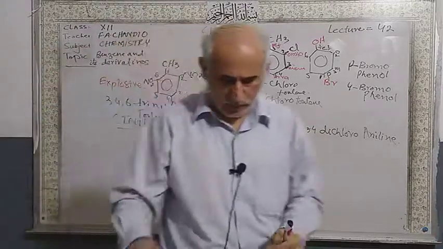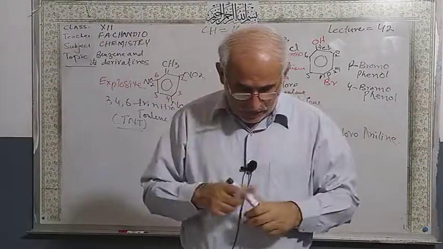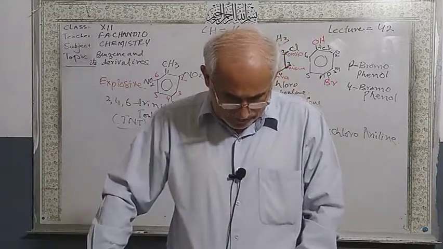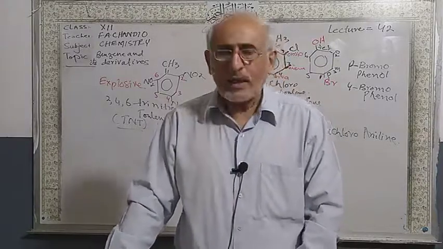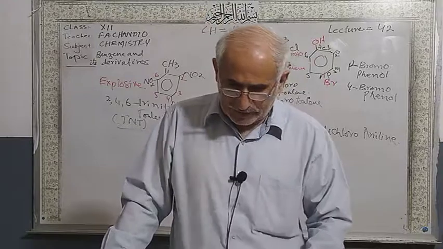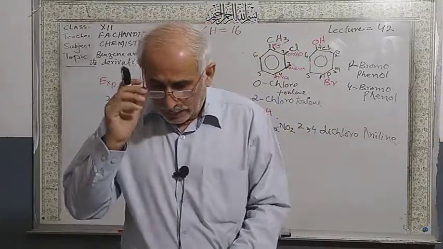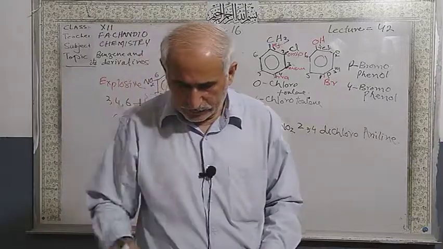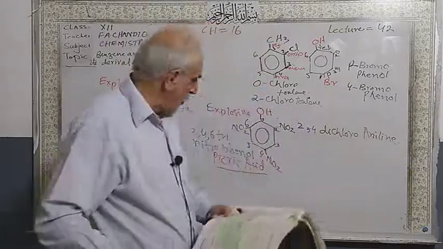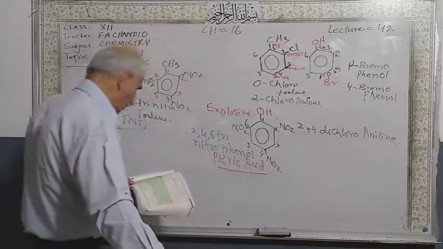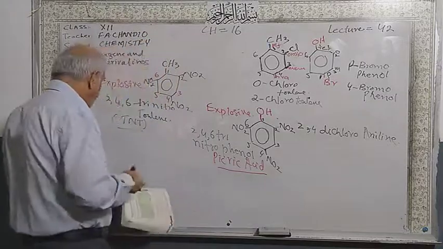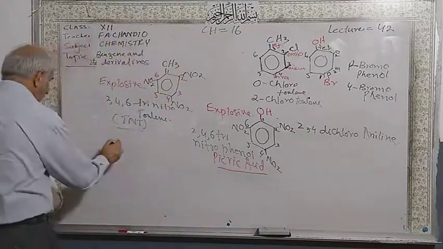Okay. So these are the polysubstituted benzenes when more than two groups are attached to the benzene here. There are many others, as I am going to mention here, in your book.